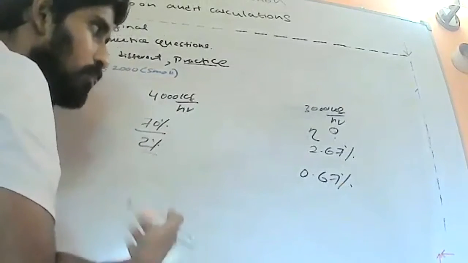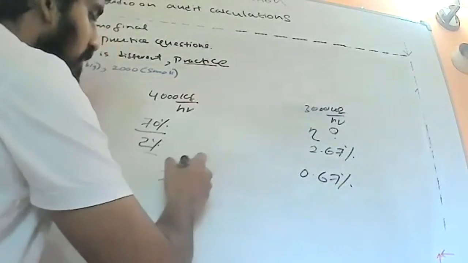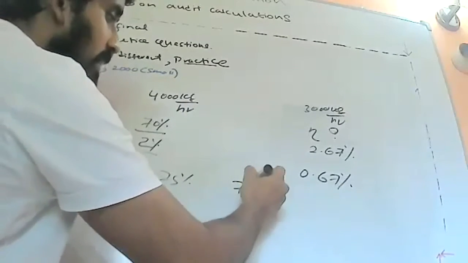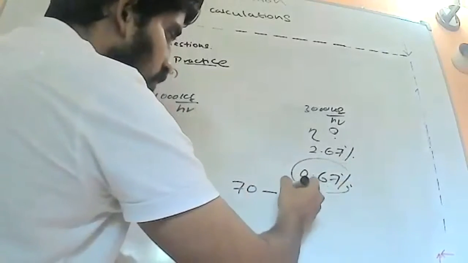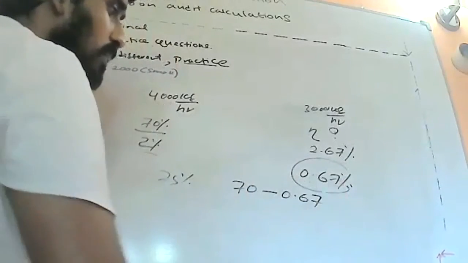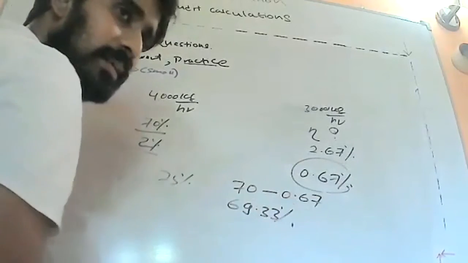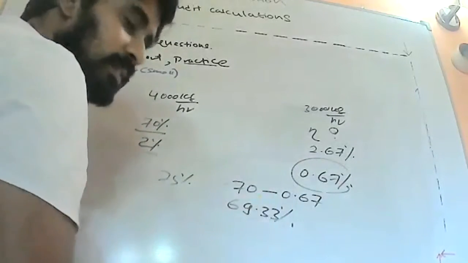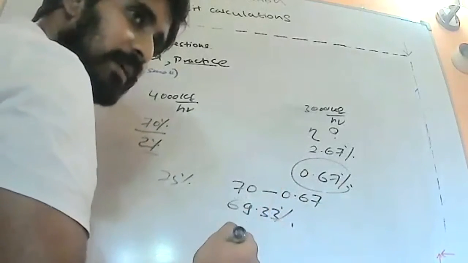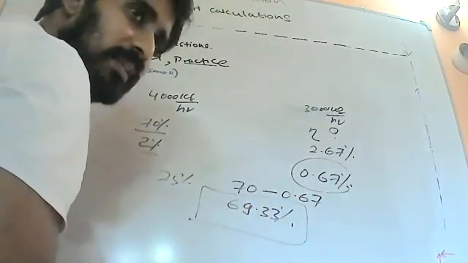So now the new boiler thermal efficiency at 75% of full load is 70 minus this increment 0.67, which is 69.33, right? So now this is the new boiler thermal efficiency when it is operating at 75% of full load. So this is the answer. So now I hope everything is clear.